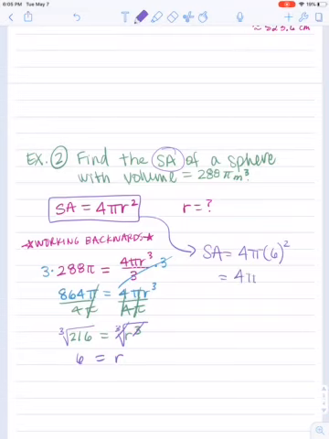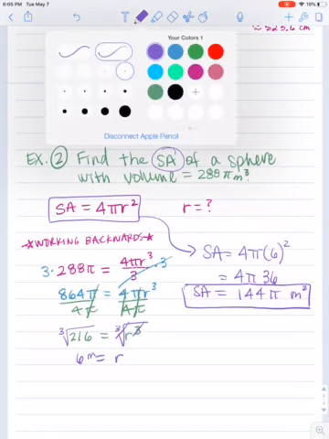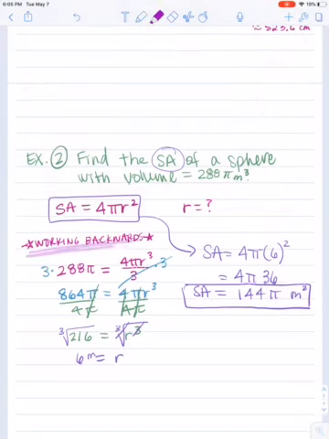That is going to be 36. 36 times 4 is going to give me 144 pi as my answer, and that is meters squared. The radius was meters. Surface area is meters squared. Ta-da! Wasn't that fun? Yes, working backwards is so much fun. A nice fun puzzle. Okay, so good?